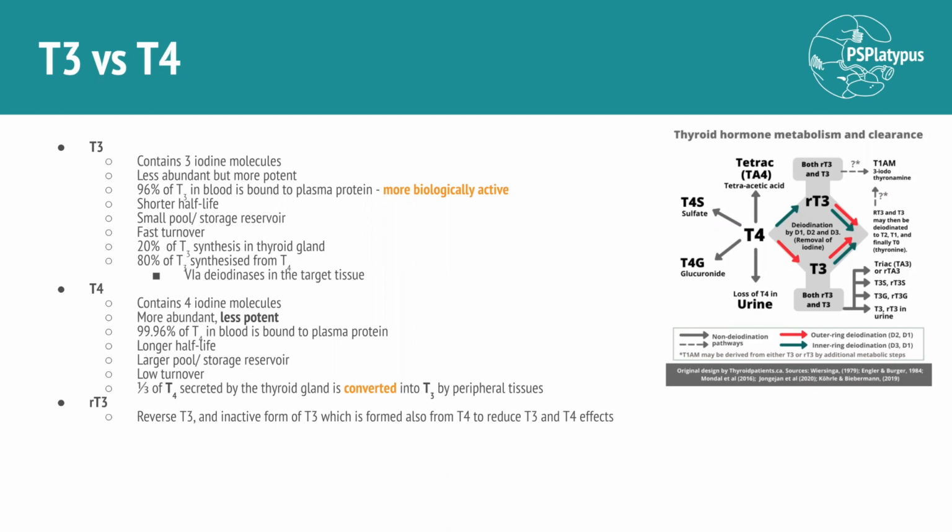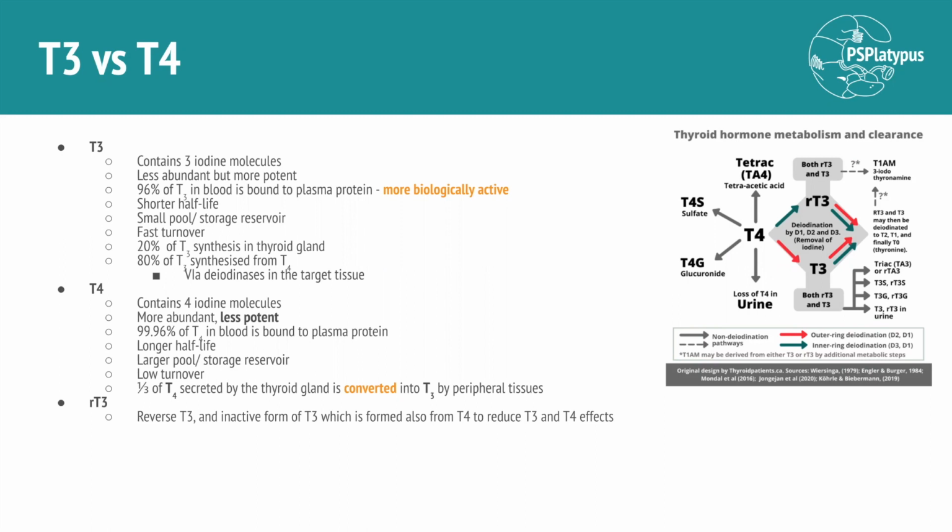Therefore, it is able to stay in the body and be utilized more often, especially given that T4 can be converted into T3, which is done by our peripheral tissues, specifically that of our liver, which enables us to have long-term T4 presence, which we can convert into T3 to increase metabolic functions in certain places when needed. Therefore, T3 is a more biologically active, potent form of T4, but due to that has a shorter half-life.